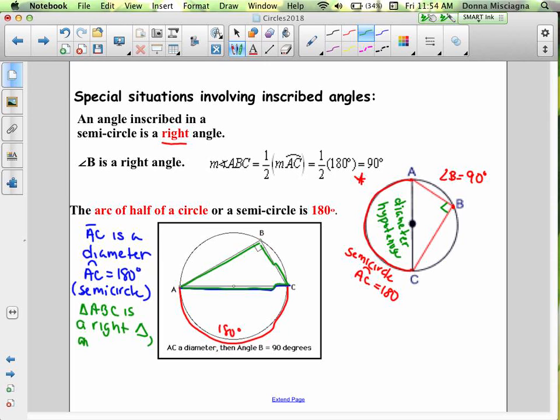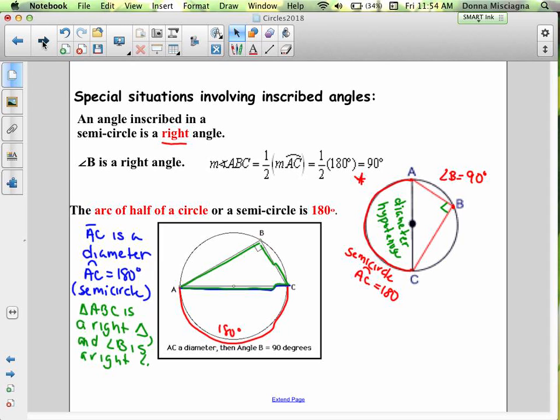And the angle opposite, angle B, is a right angle. Right? So if you have one side of your triangle and it's a diameter, then the angle opposite is a right angle, equals 90 degrees, and you have a right triangle. And this will always be true. So if you have a triangle inscribed in a semicircle, then you have a right triangle.